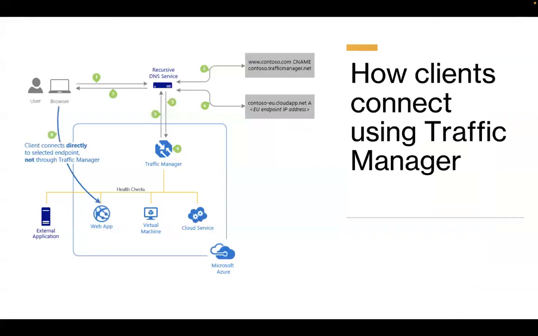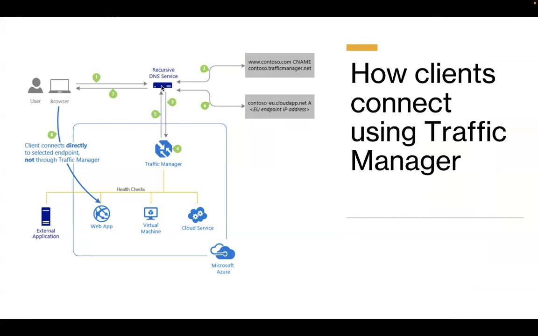I will show you. So this is how the clients are connecting using Traffic Manager. It shows point to point how the request is flowing between a user and the web app or the endpoint. First, the user is trying to browse. The request is going to the DNS server.